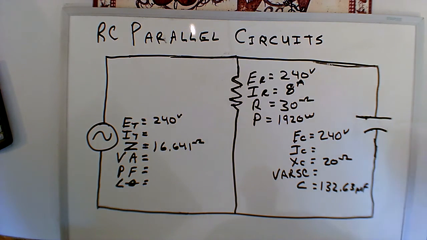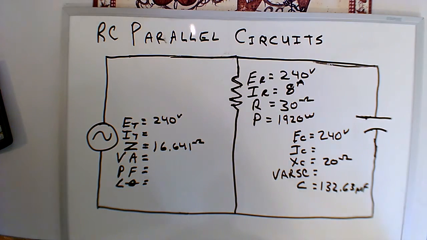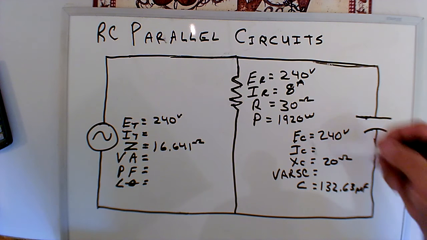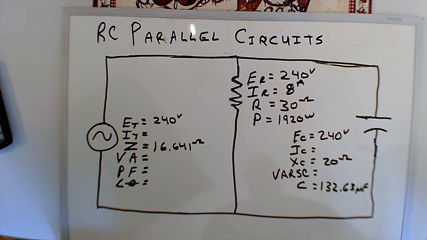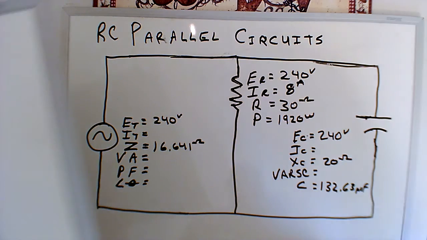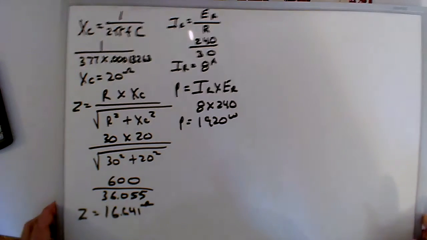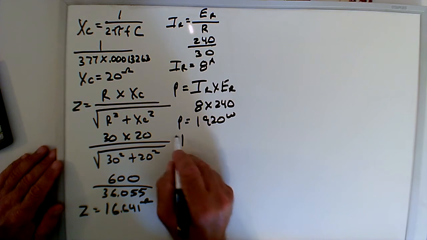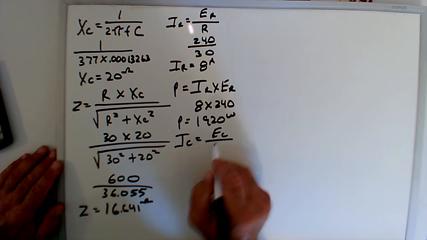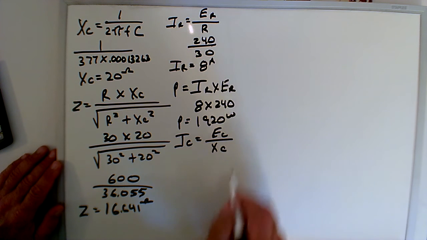Now back over to the capacitor. I can solve for the current flow through the capacitor because we know the voltage is the same in each. The current is going to be different. So if I'm solving for the I, I need to know the voltage and the resistance. If I know the voltage and the ohms, the EC and the XC, I can solve for IC. IC is equal to EC divided by XC.